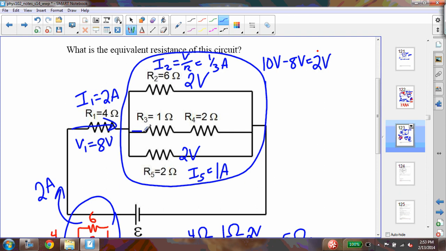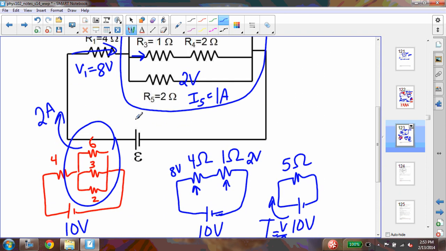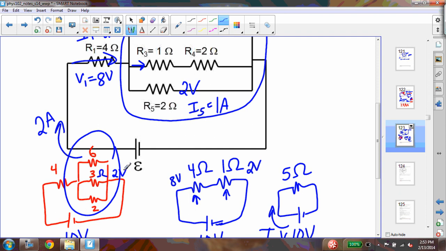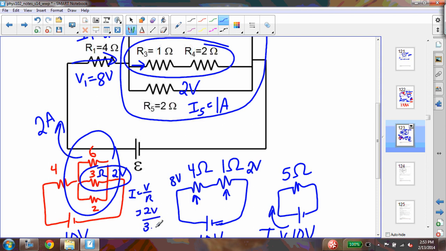So now I want to find the current going through this branch. I can do that in a couple different ways. One, I know the equivalent of those two is 3 ohms, and I also know that the voltage across them is 2 volts. So the current through this resistor, which is the same as the current through these resistors, is V over R, or 2 volts over 3 ohms.